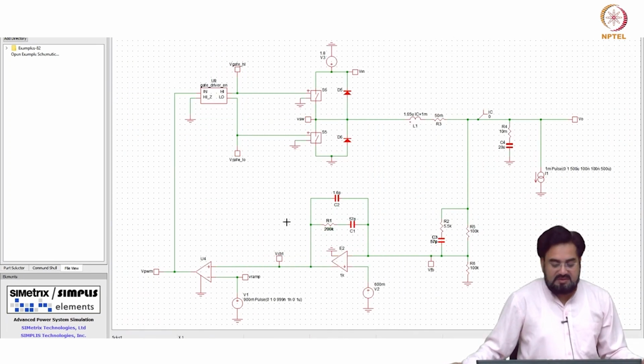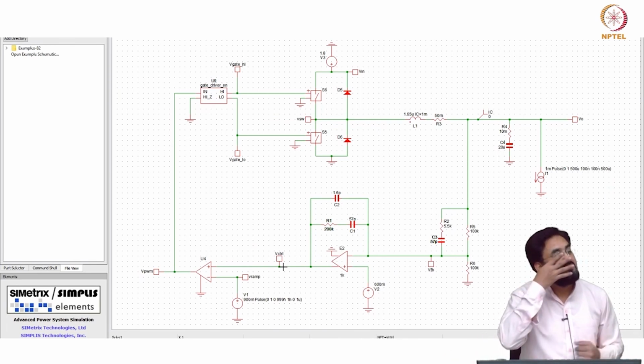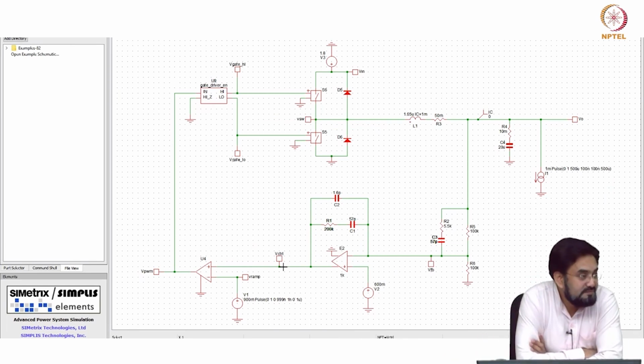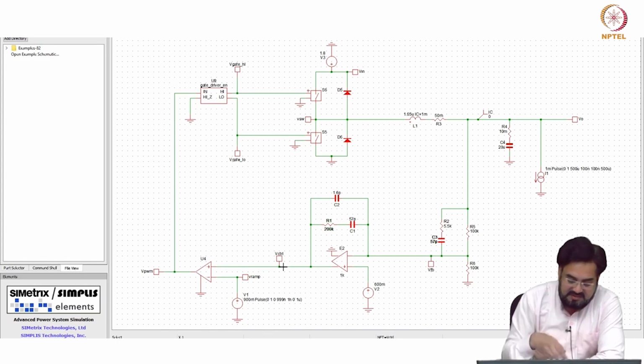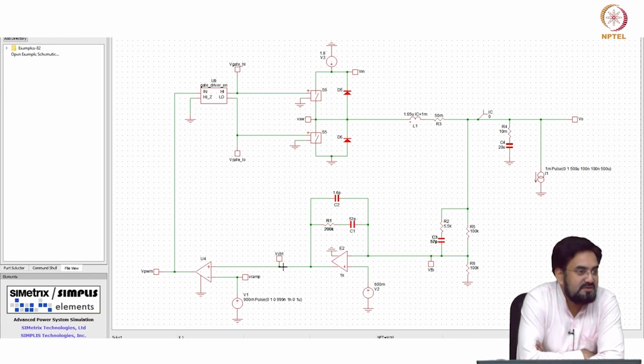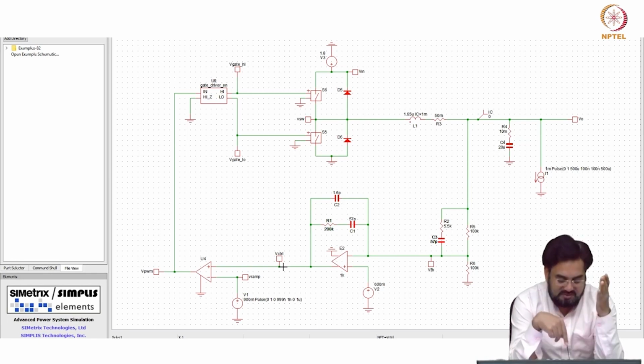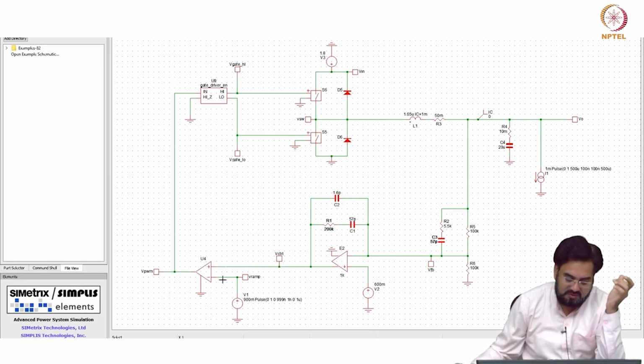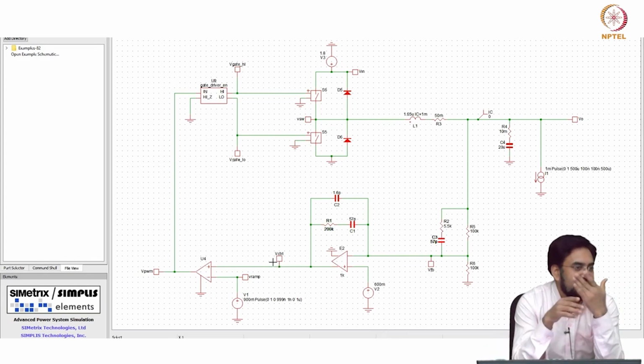So why do we care about this ripple? It will not affect your duty cycle, if you say. The reason is that the ripple is coming at the same frequency as your PWM. So your sawtooth will sample, this comparator will sample. If you compare your control voltage with the sawtooth, it will always cross at the same point.